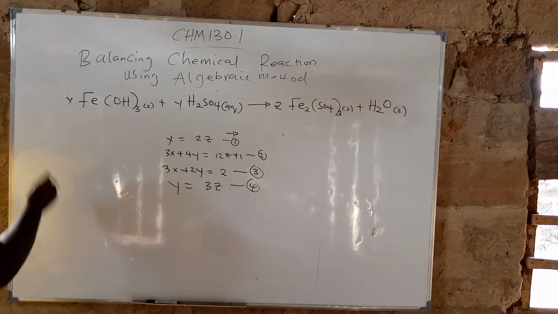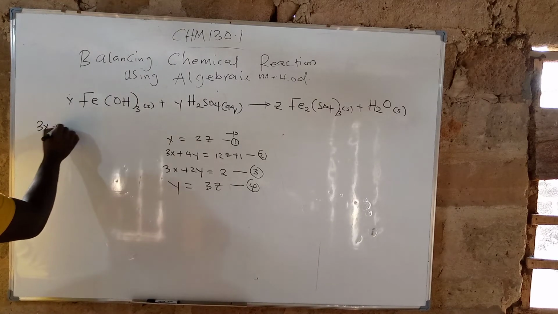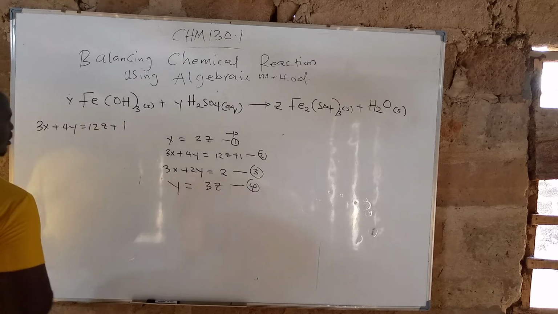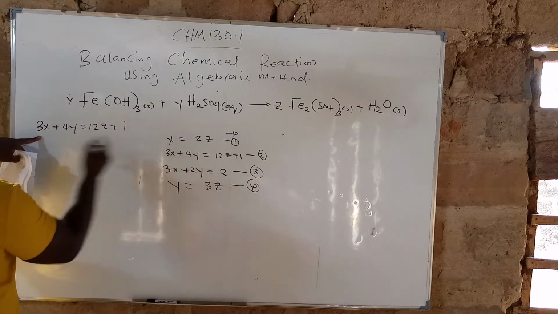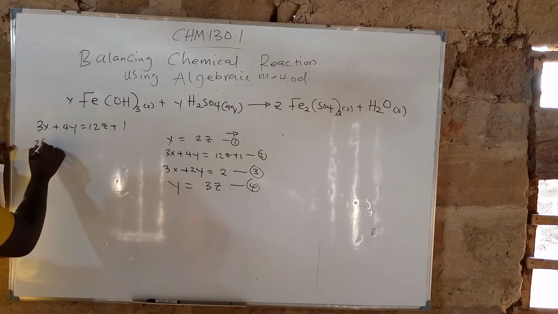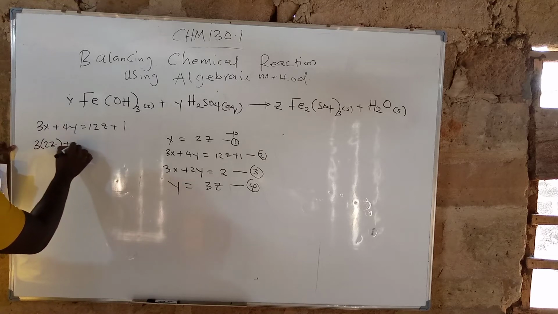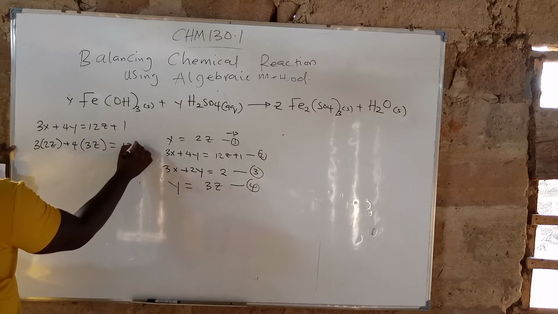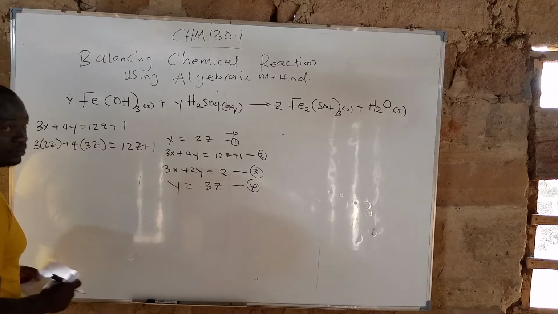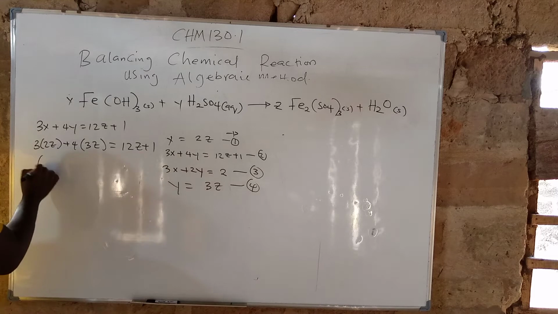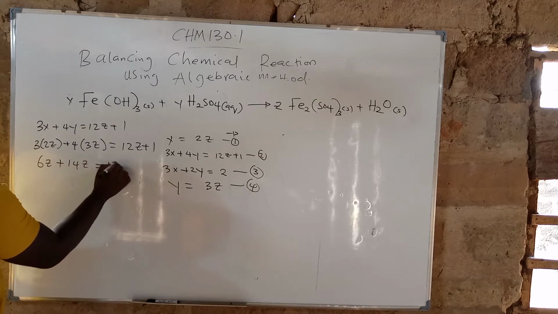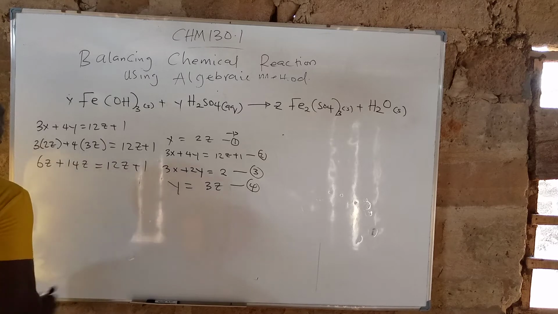And so from equation 2, we have 3X plus 4Y is equal to 12Z plus 1. Whenever I see X, this will give me 3 into 2Z plus 4 into 3Z, and that will give me 12Z plus 1. Opening the bracket, we have 6Z plus 12Z is equal to 12Z plus 1.